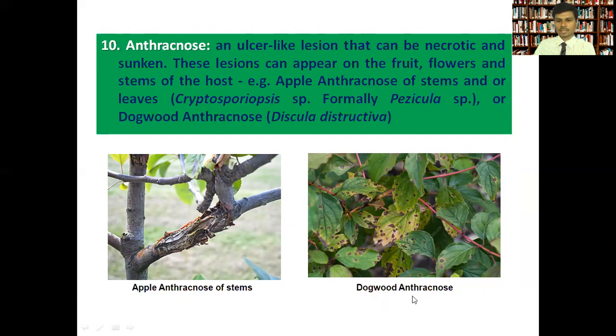This is a dogwood plant, and on the leaf the spots appear, and the disease is termed dogwood anthracnose. Another example we can give here, the mango fruit also shows anthracnose disease due to the attack of the Colletotrichum fungus.